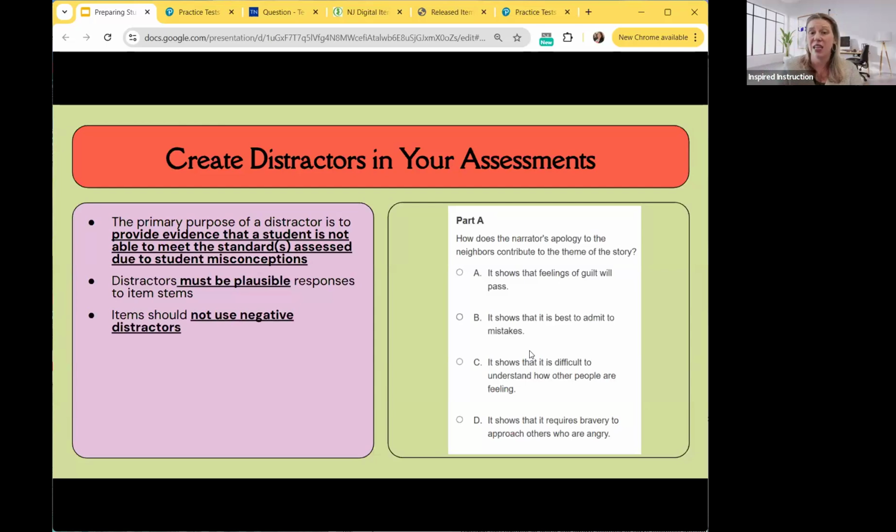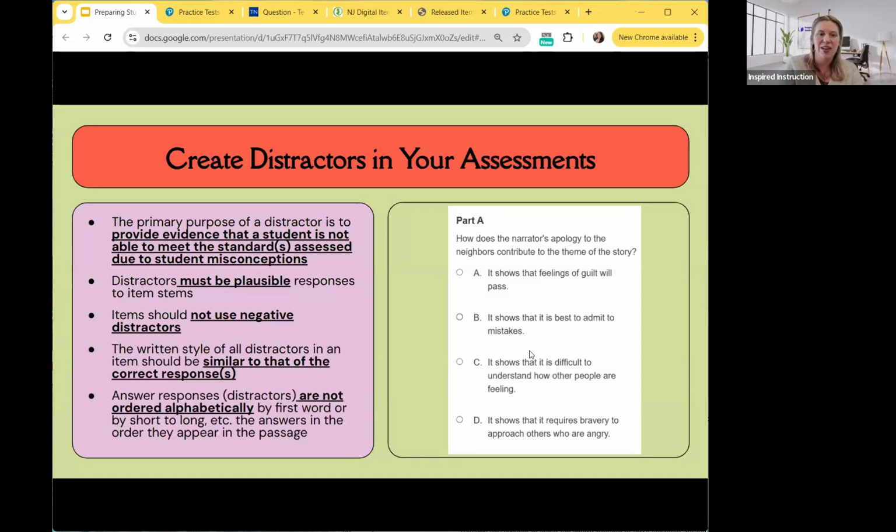We don't want to use negative distractors. If 3 of the answers are positive in wording and 1 is negative, usually that's an easy tip-off of which one is not correct. Again, all similar in how they are worded, and they're not ordered alphabetically. It seems like silly things, but we know kids are smart. They can pick up on things like, oh, I see everything here is C.